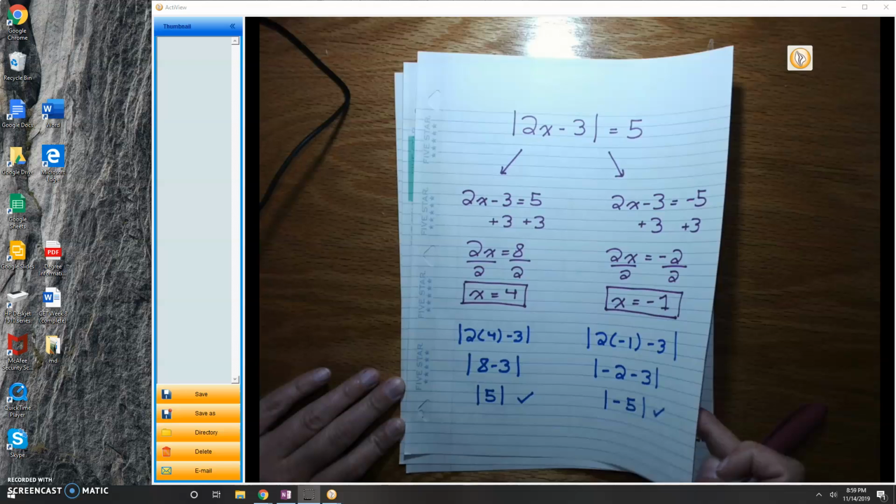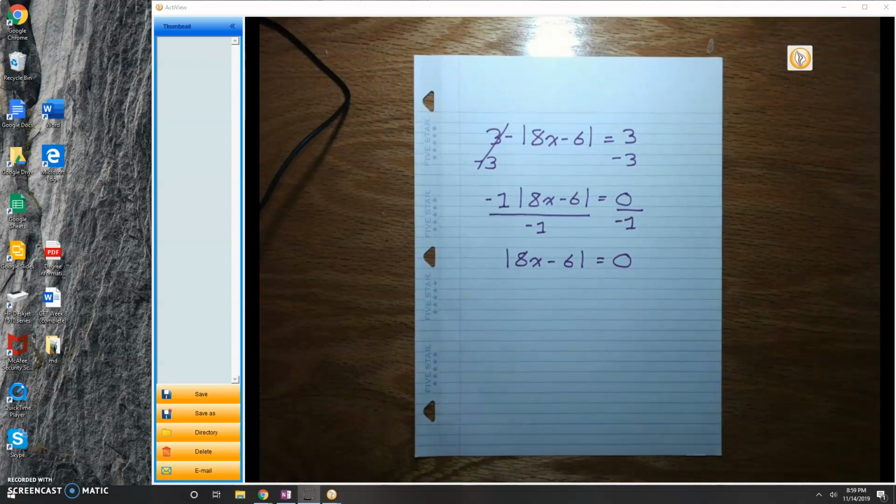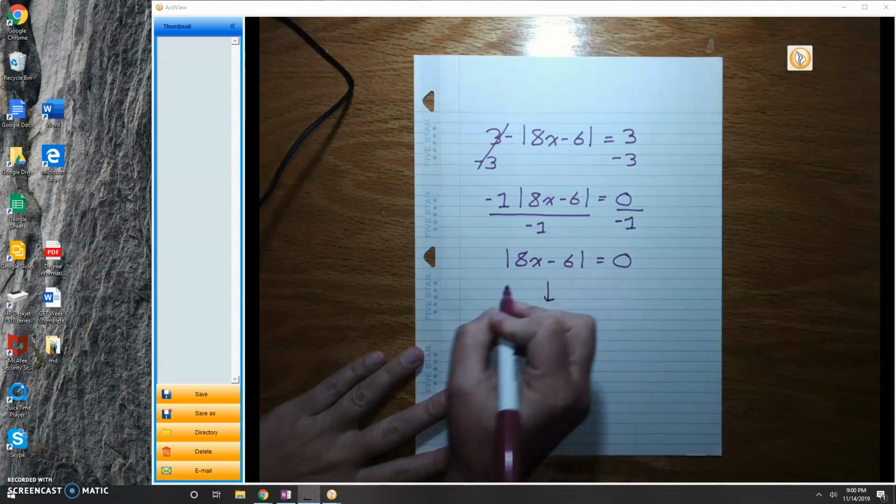We actually don't need to do it in this case. If I were to go about doing that, I would end up with positive 0 and negative 0. Now, some of you guys would probably like to debate me on this one, but there's no difference between positive 0 and negative 0. It's just 0.